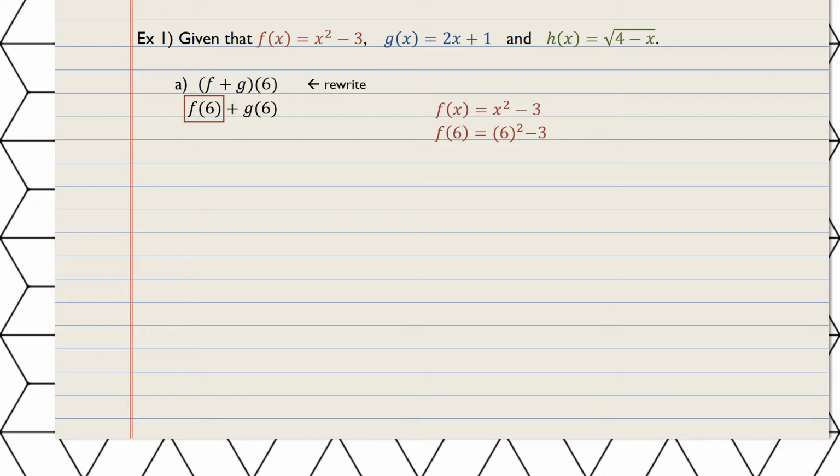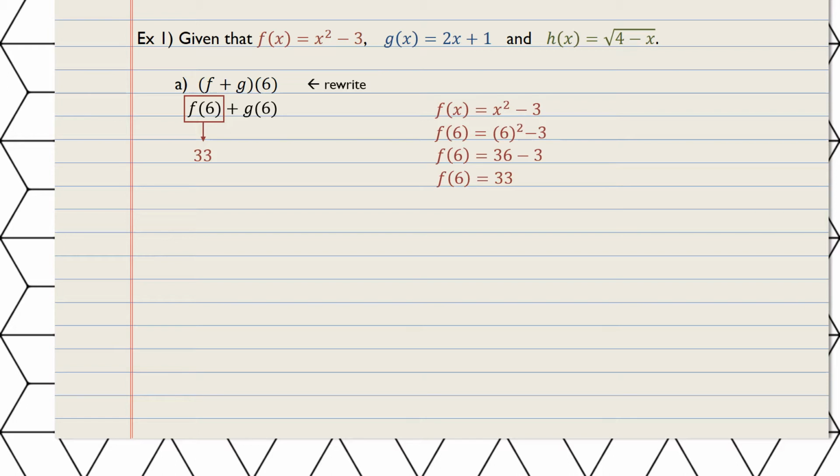We have no grouping, but we do have exponents. 6 squared is 6 times 6, which is 36. There's no multiplication or division, but we do see some subtraction or addition. 36 minus 3 is 33, which means we can now, in the place of f of 6, put the value of 33.